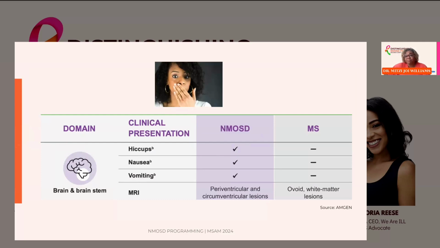And so I have had multiple patients who've gone to the ER for nausea and vomiting that won't go away and been thought to have a stomach symptom, but really it was due to a lesion in the brain because they had NMOSD. So again, there are specific syndromes that we can see in the brain and brain stem that are more typical of NMOSD. We don't typically see that syndrome as much with multiple sclerosis.